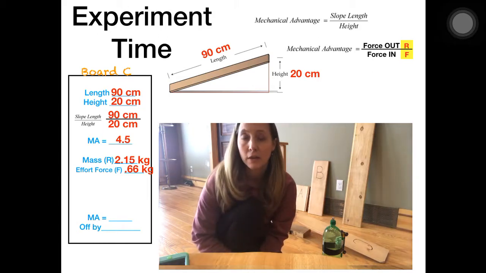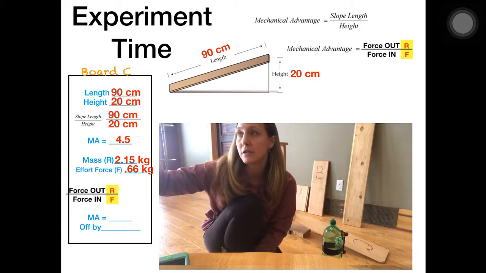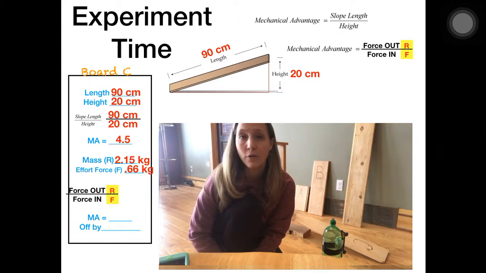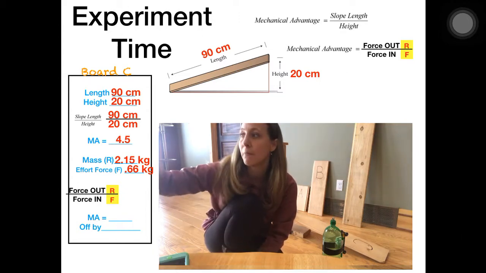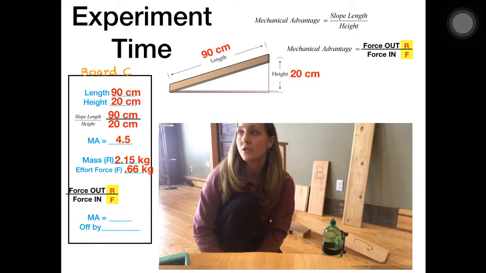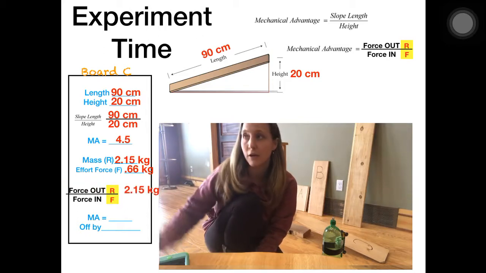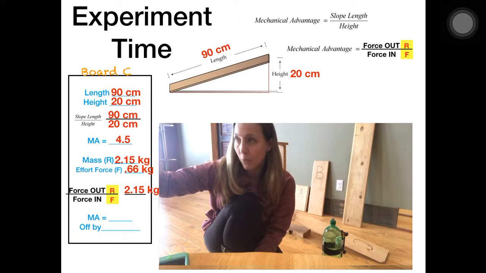Force out, the R, divided by force in, F. Okay, we know that formula from the very beginning, class. So we have 2.15 kilograms divided by 0.66.